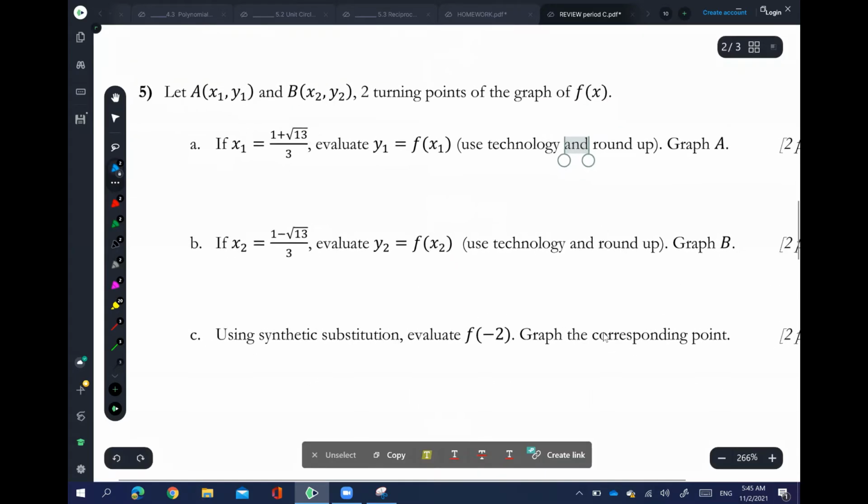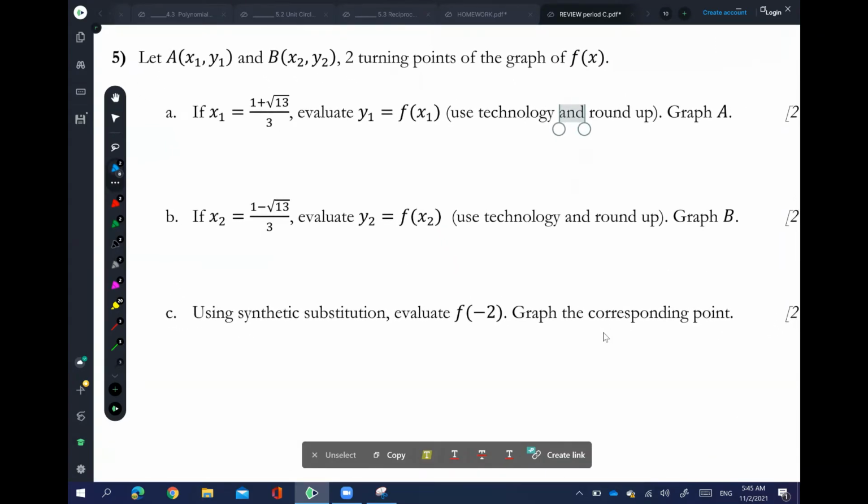Question number 5. I've got 2 points, A and B, that are turning points of the graph. And I'm giving you the x value of each. You just need to evaluate y by using f of x.